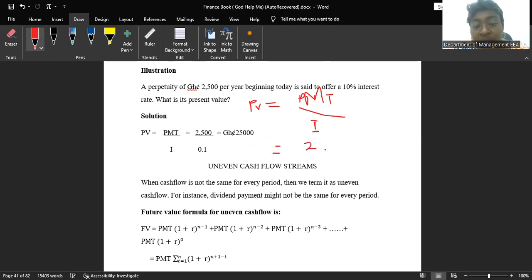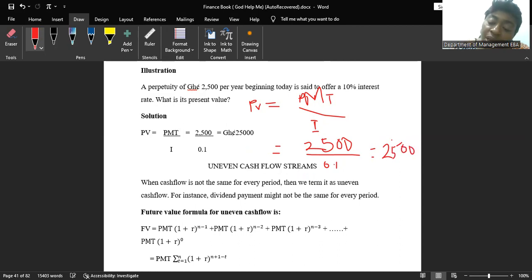So we have 2,500 over the interest rate, and the interest rate is what? 10%. I said we quote it in what? Decimal form. So that is 0.1. And the final answer is what? Let me just write the answer here. It's 2,500 over 0.1, which is 25,000 Ghana cedis.